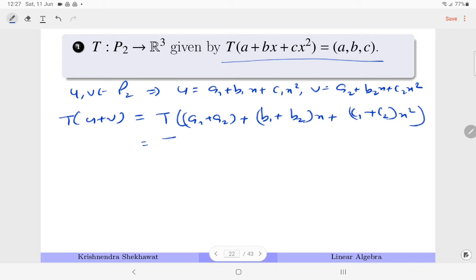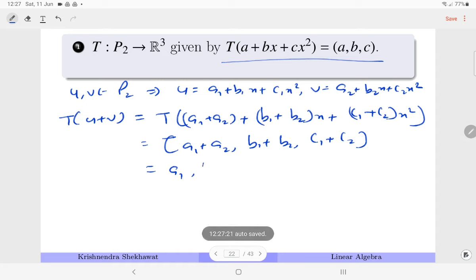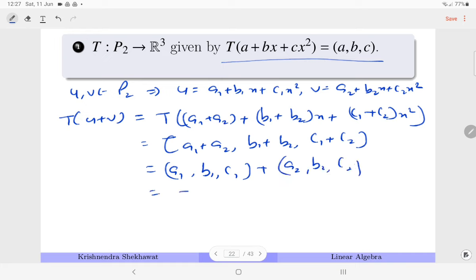It means that T of this becomes (a1 plus a2, b1 plus b2, c1 plus c2). I can write it as (a1, b1, c1) plus (a2, b2, c2), and therefore it becomes T of u plus T of v. Similarly, it is easy to show the second property holds, and therefore it is a linear transformation.